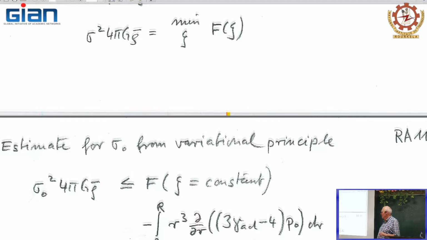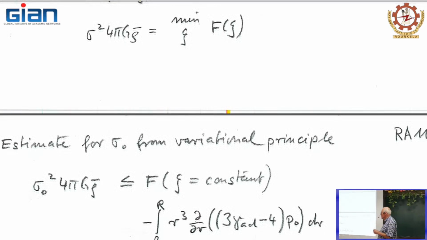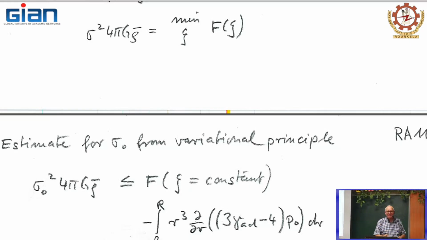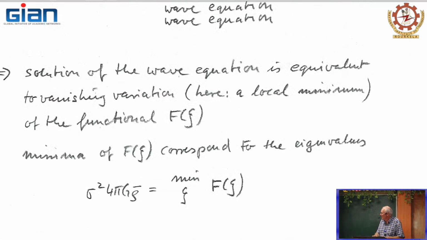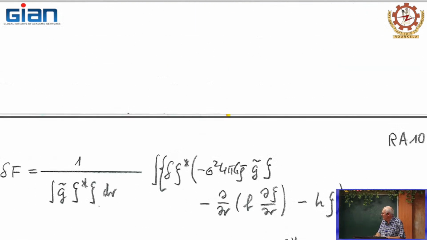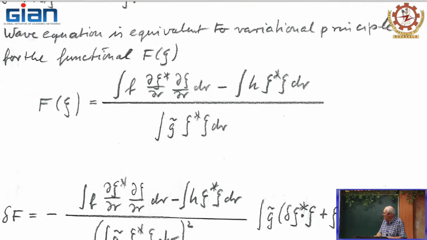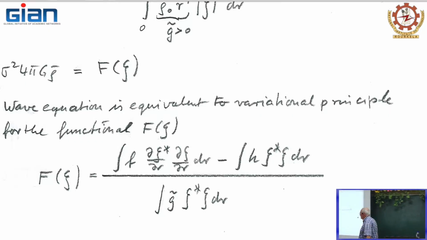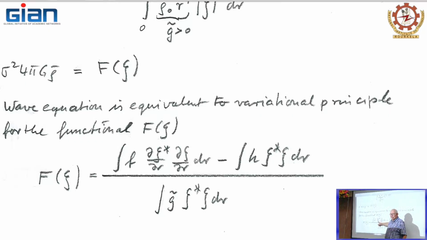Okay? Well, this is a particularly simple function, because then all the derivatives of zeta are 0. Let's look at the functional again. If we insert a constant function for the trial function, then d zeta by dr will be 0.